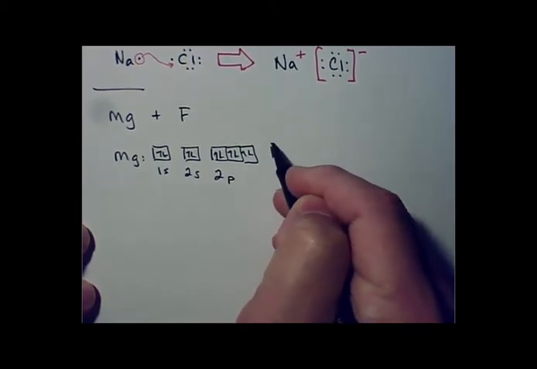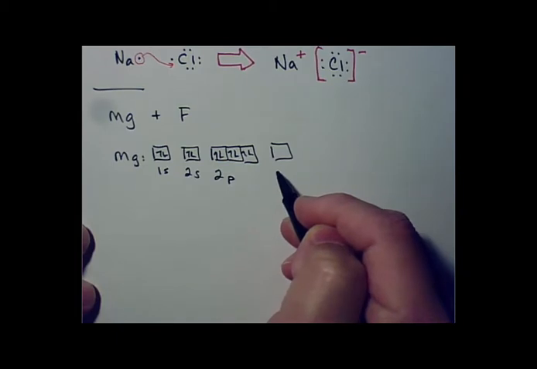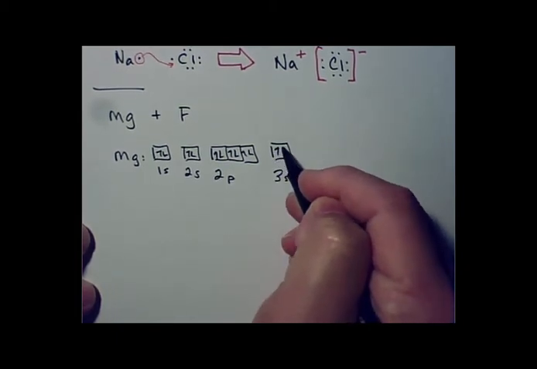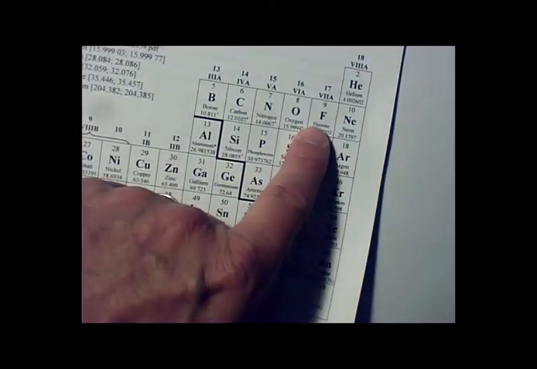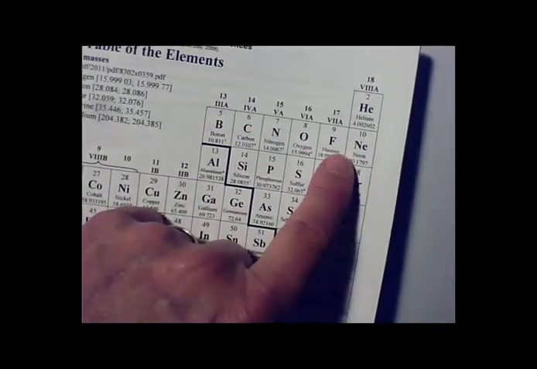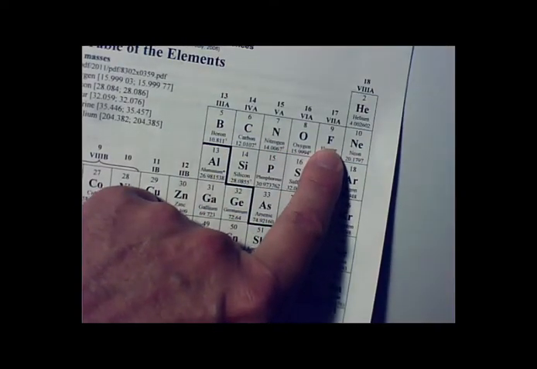And so when we get to the third level, there's only an s sublevel, 3s, and 2 electrons there. Fluorine is on the second row, and it's going to have 2 electrons in 2s and 5 electrons in 2p.